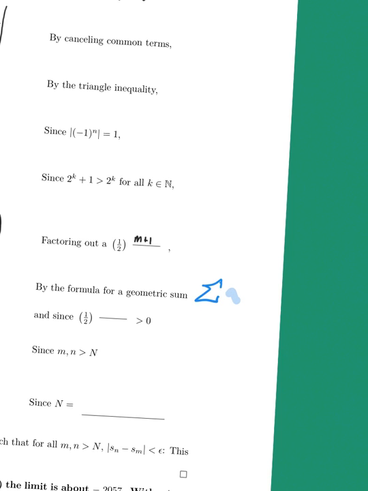The sum of a bunch of things that look like x to the k, where k runs from 0 up to p, is 1 minus x to the p plus 1 all over 1 minus x.